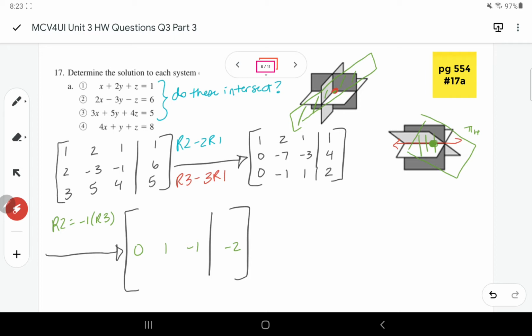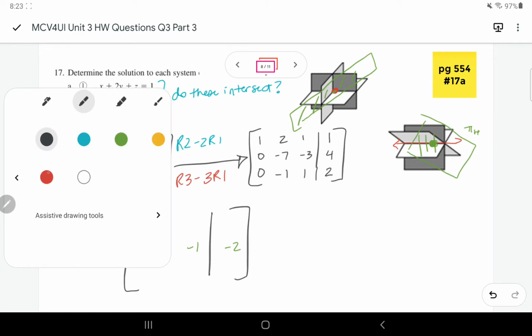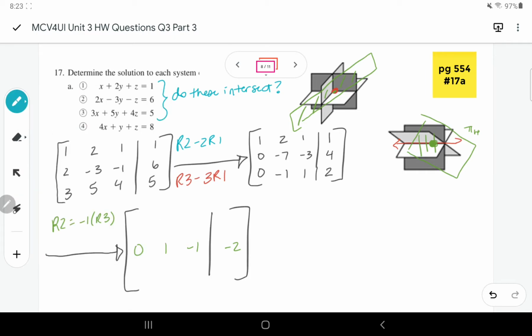So from here, I'm going to clear out row 1 normally. So I'm going to do row 1 minus 2 row 2. And always, if that's below, that's referring to the new row 2 there. So here I have 1 minus 2 times 0 is 1.